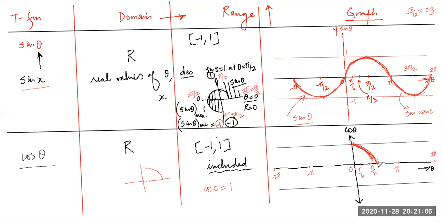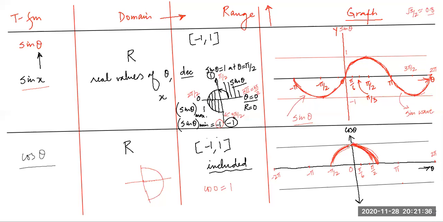So now, what about pi? What's the value of cos pi? And this is minus pi by 2. Whether it is pi by 2 or minus pi by 2, both are 0. So here also it's 0, and the curve will be like this.